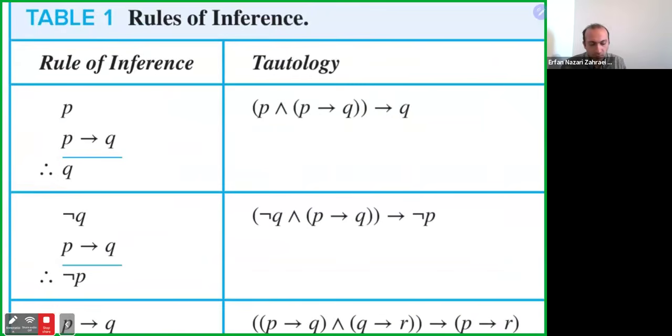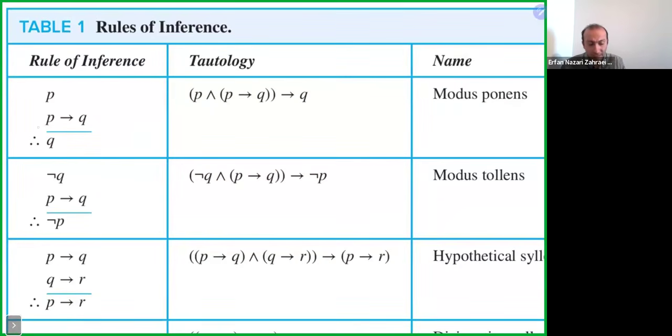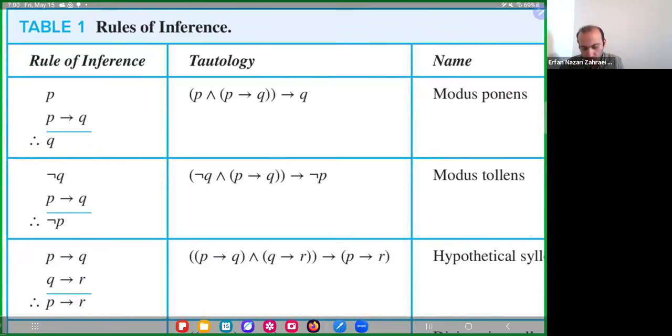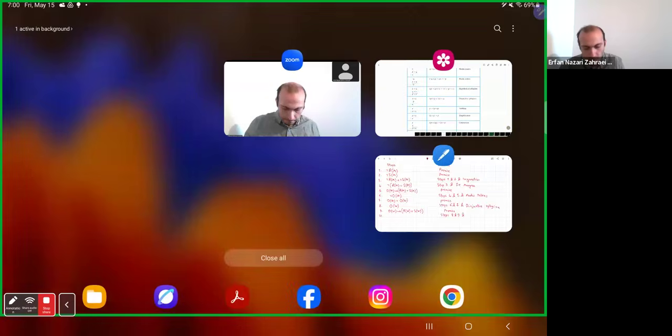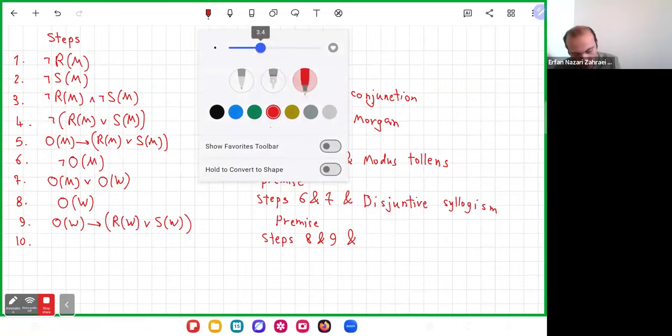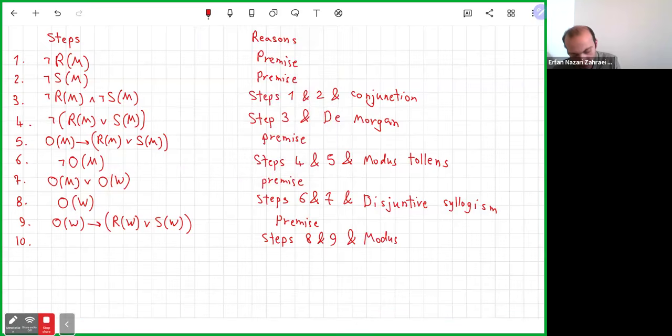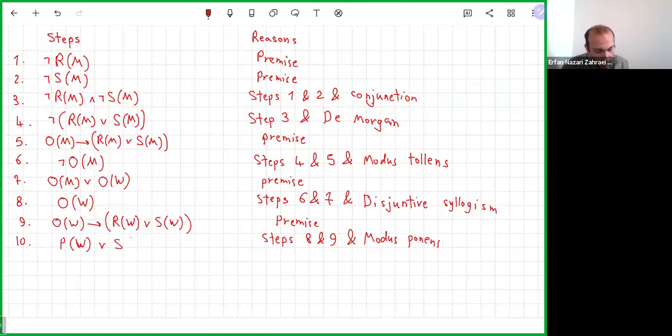This one is called modus ponens. If you have an implication and the first part of the implication is true, then you have the conclusion of the implication. Modus ponens. Okay, then I can conclude Rw or Sw.